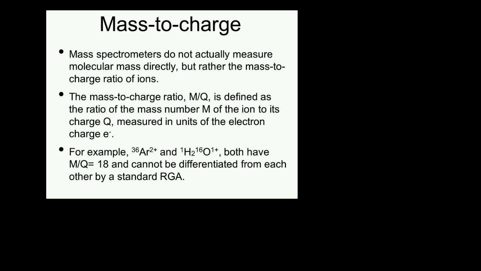On the other hand, if I were to take an argon atom, this 36 isotope, that is the one that has 18 protons and 18 neutrons, and I doubly ionize it, that one would also have a mass-to-charge ratio of 18. So both of those ions, the argon 36 doubly ionized and the water singly ionized, would both show up at a mass-to-charge ratio of 18.